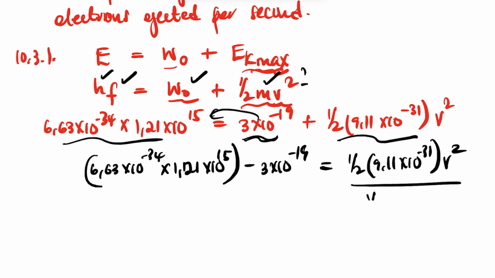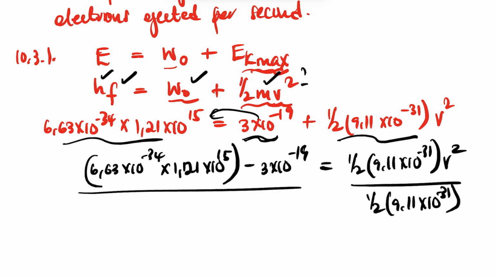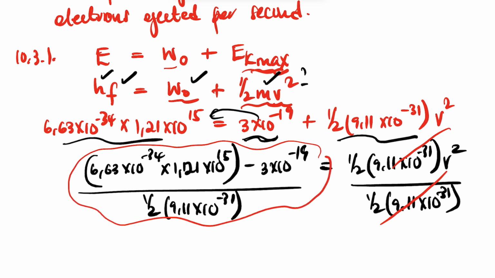So we divide both sides by half times 9.11 times 10 to the power negative 31. Then this and this will cancel, so we'll have this as an answer.